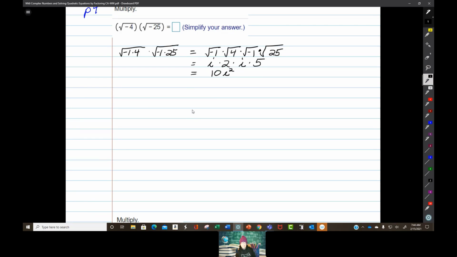Now, there is something you must memorize, because you're going to run into it all the time, and that is that i squared equals -1. All right, you've got to memorize that.